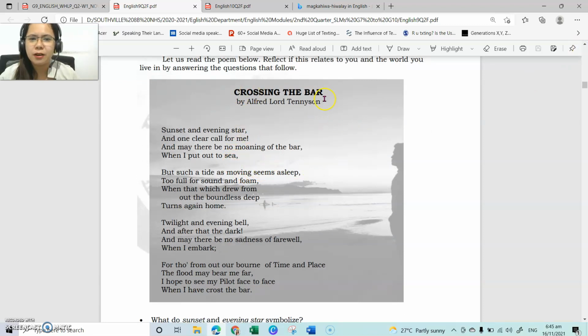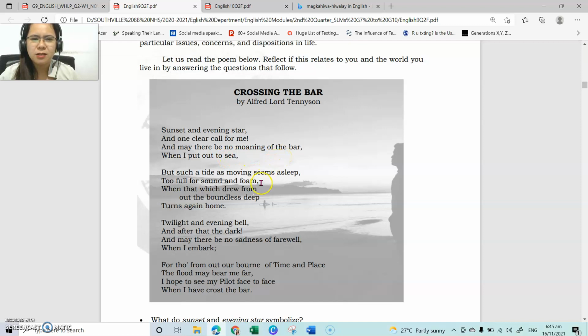Crossing the Bar by Alfred Lord Tennyson. Sunset and evening star, and one clear call for me, and may there be no moaning of the bar when I put out to sea. But such a tide as moving seems asleep, too full for sound and foam, when that which drew from out the boundless deep turns again home.